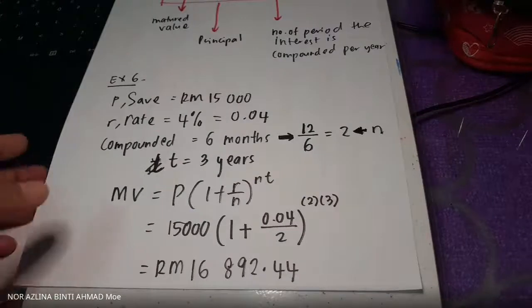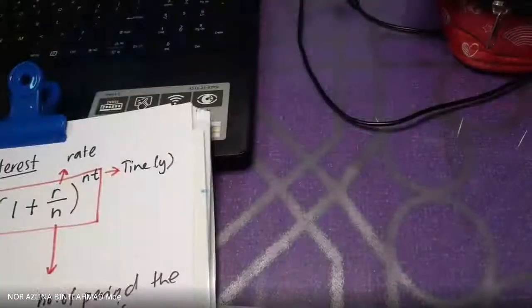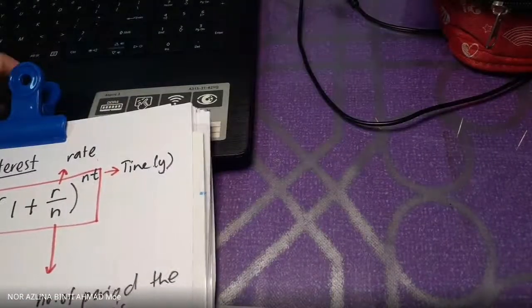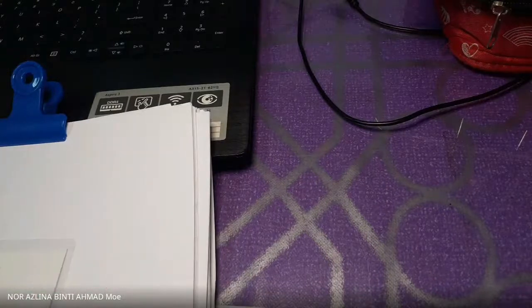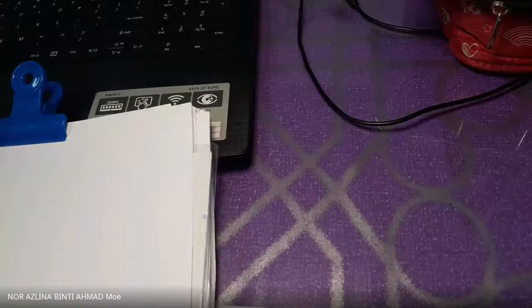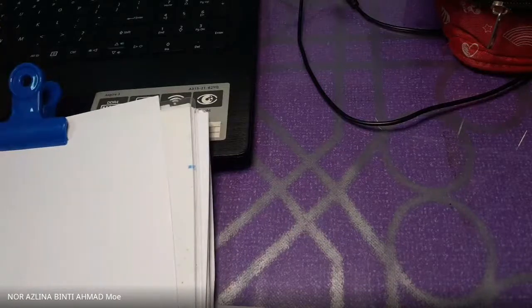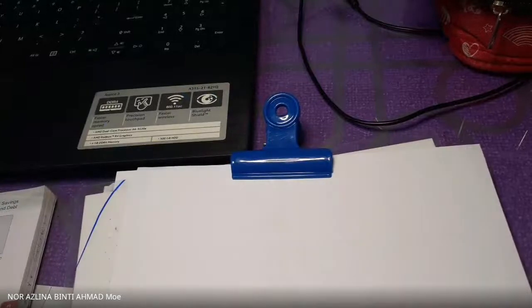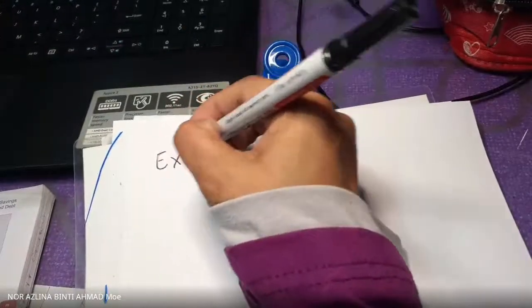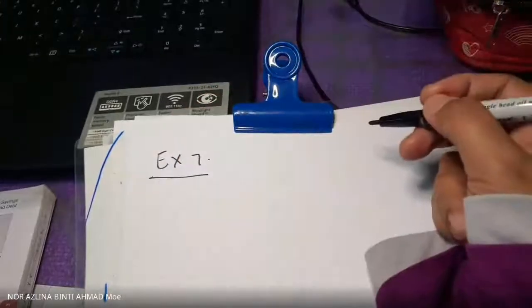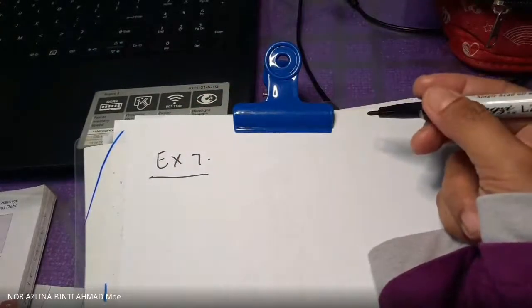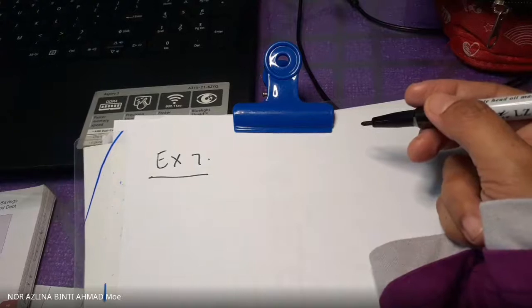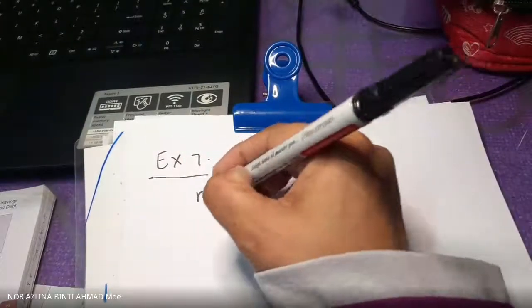Okay, next. Example 7. A bank offers a 5% interest rate. So this is R, we know.